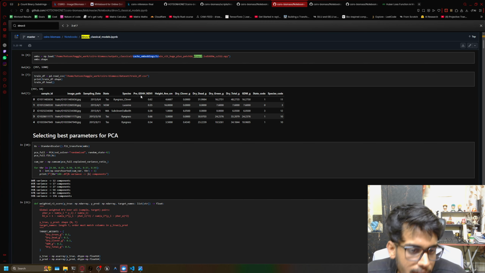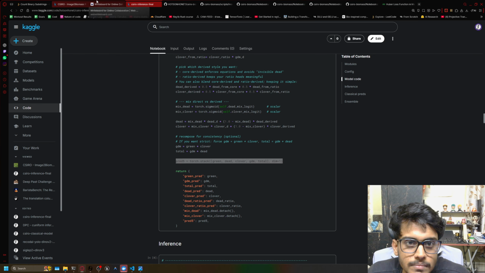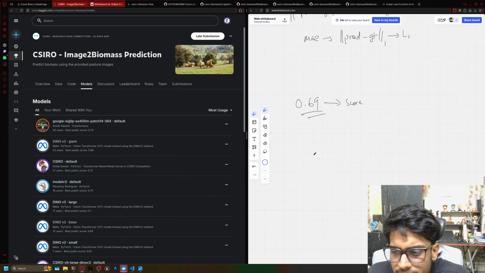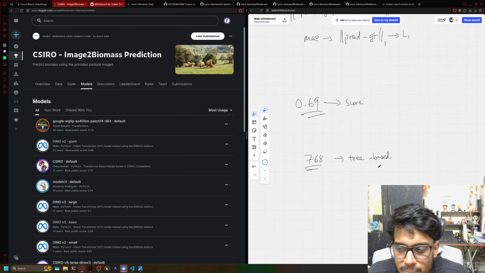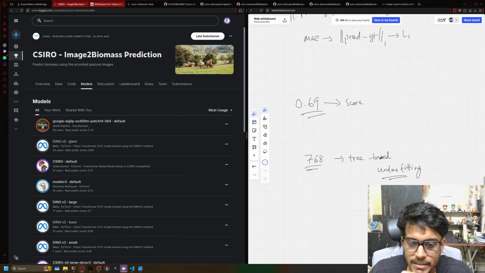The model gives a 768 dimension feature, so if you use any tree-based model, those will basically underfit, because there are so many features to learn and use to split the data. So the major task for me here was to reduce this feature dimension.